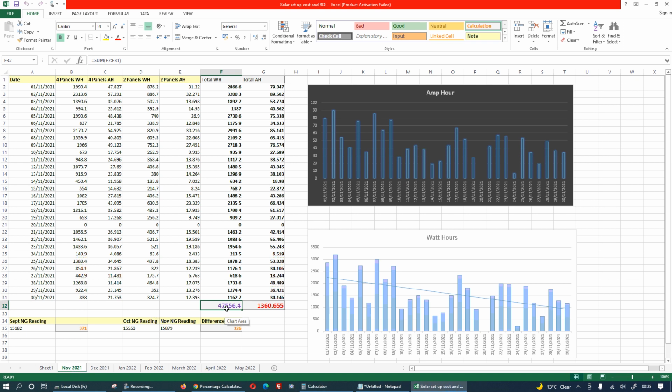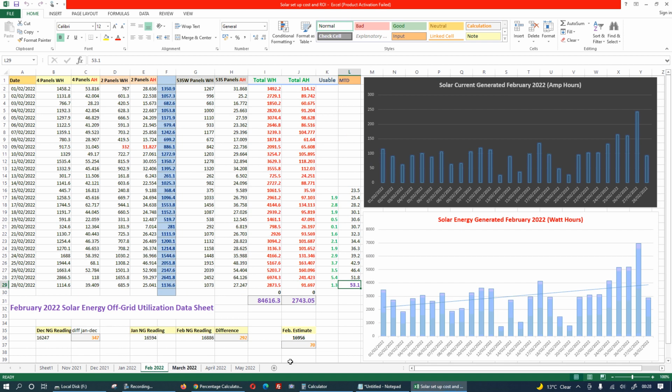And November, if you look at the chart here, is when I started to notice a decline in solar energy being generated. As you can see, it was just coming down. Here I generated 47.5, and I'm sure I would have used something between that 62 to 72% of this energy.